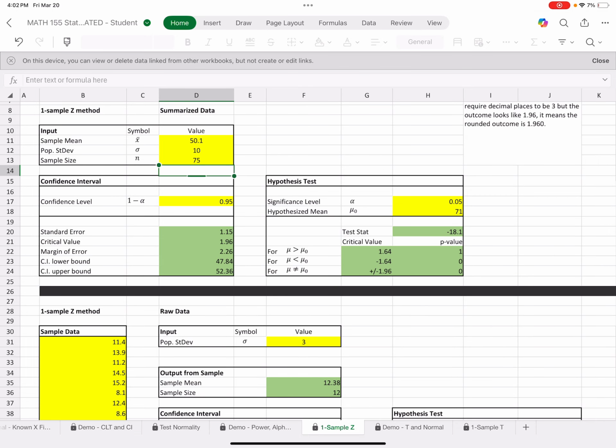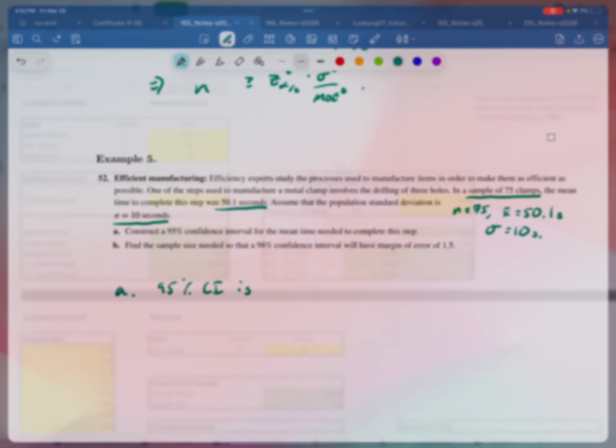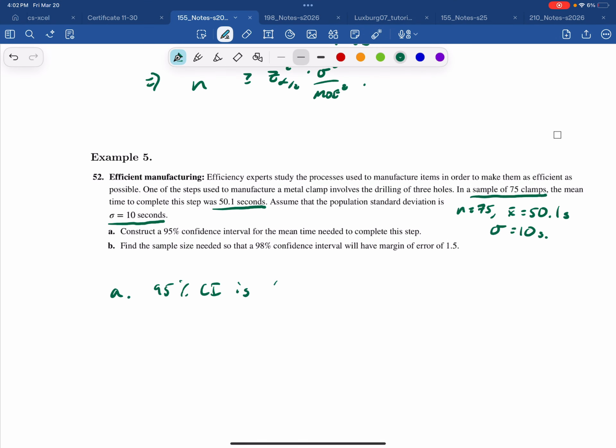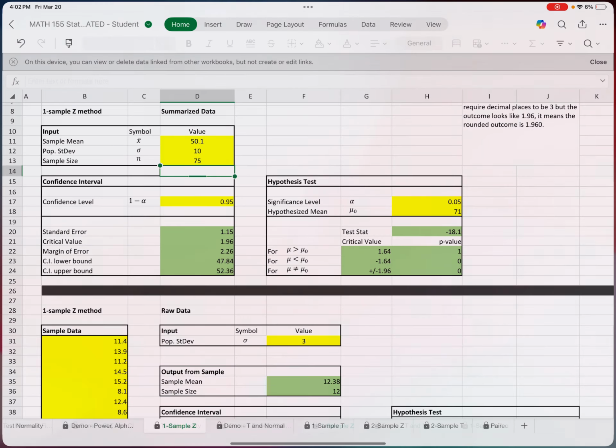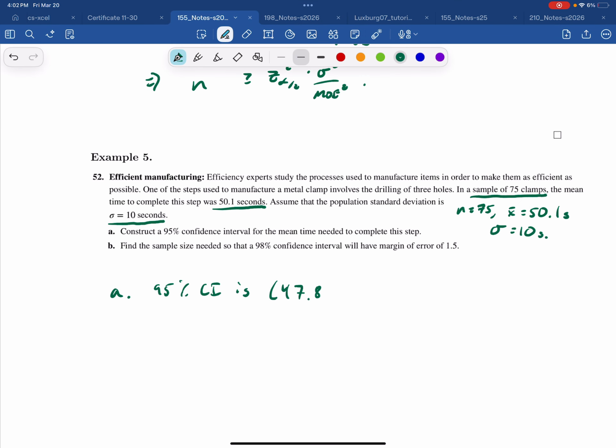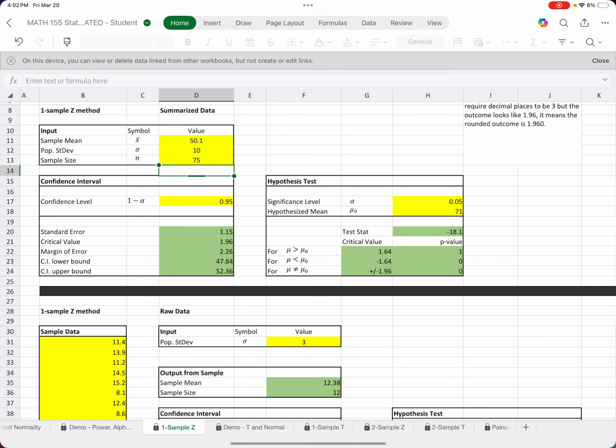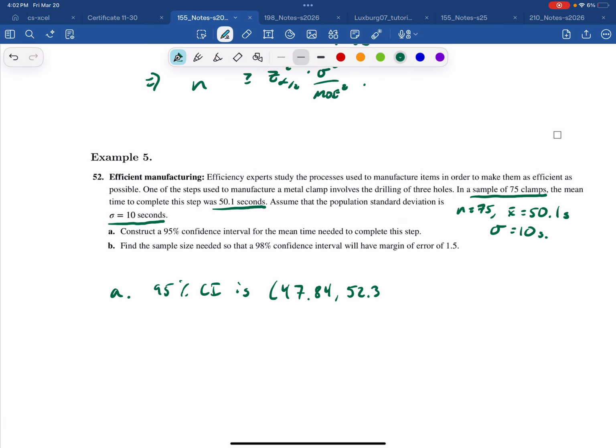So we have our confidence interval of 47.84 to 52.36. Okay, so that's what we got for that.